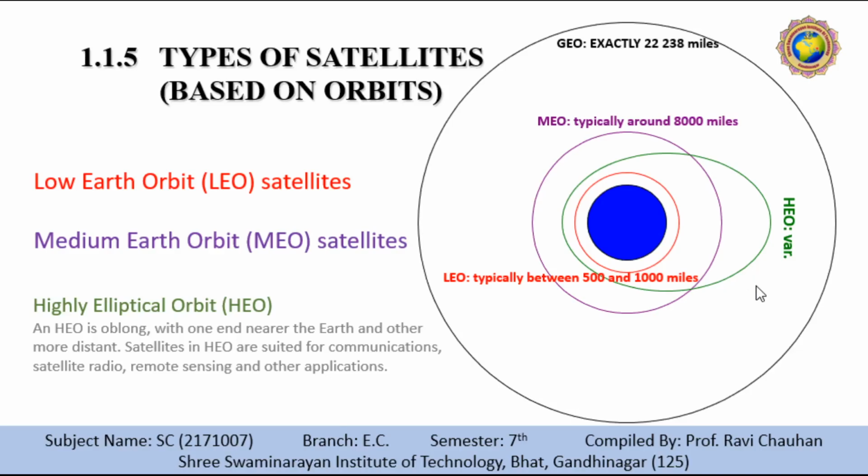An HEO is oblong, with one end nearer to the Earth and the other more distant. One point is called the apogee, the other point is called the perigee. The satellites in this orbit are suited for communication, satellite radio, remote sensing and other applications.